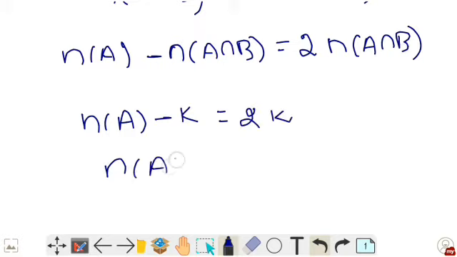So n of A is equal to 2k plus k, which is 3k.